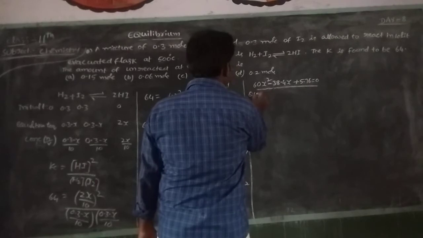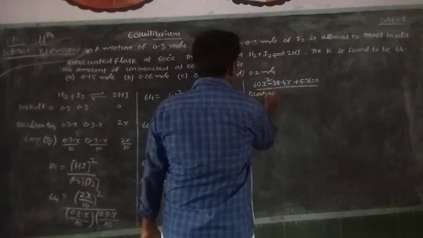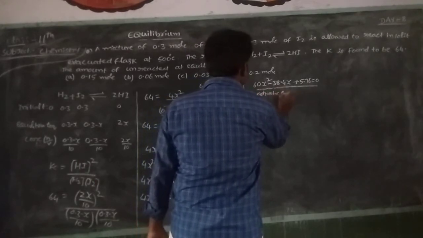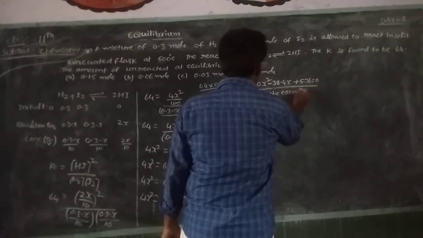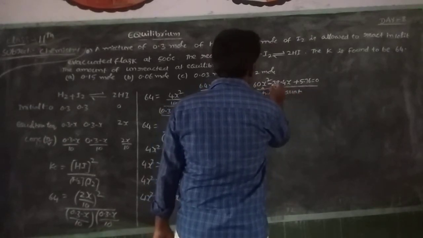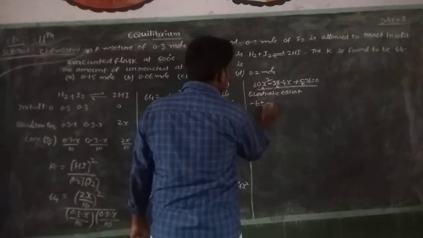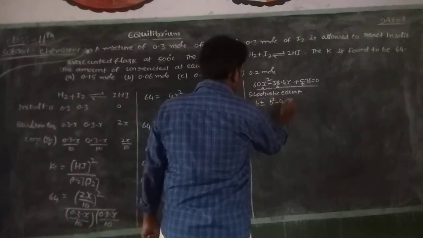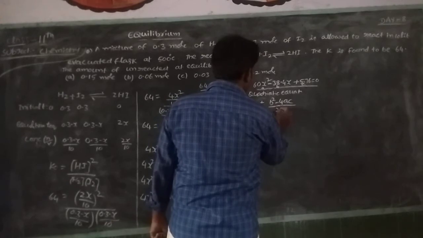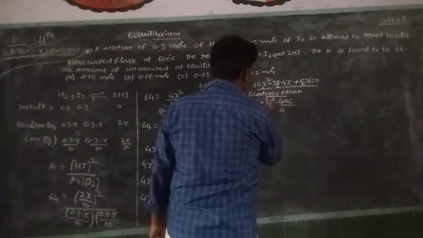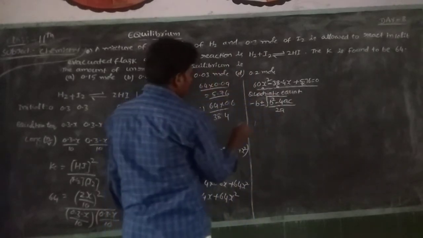Already given quadratic equation. Quadratic equation is, this is the A, this is the B, this is the C. Minus B plus or minus root of B square minus 4AC by 2A.